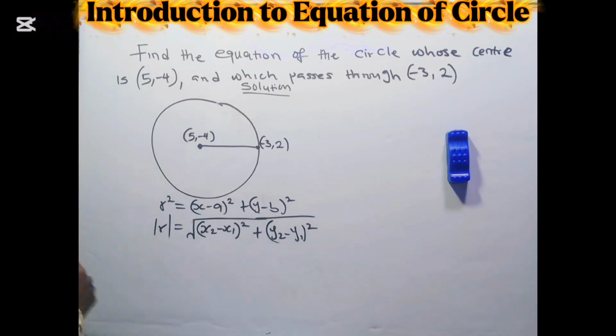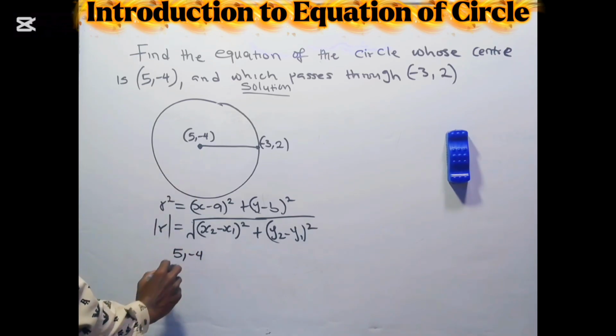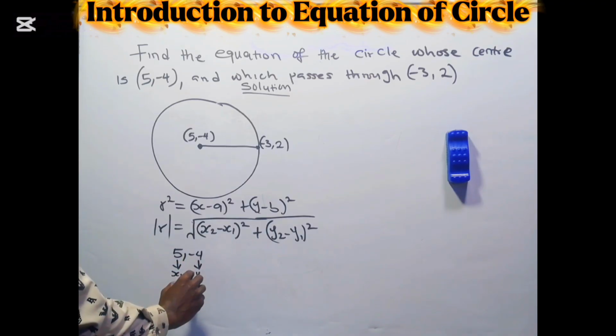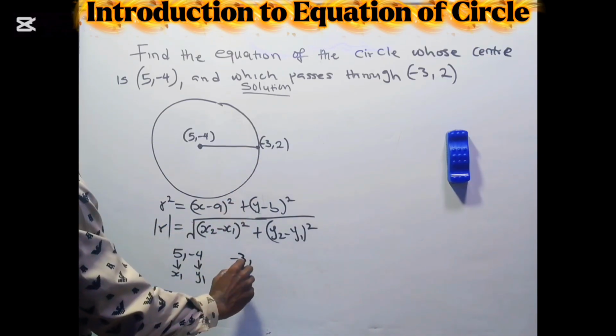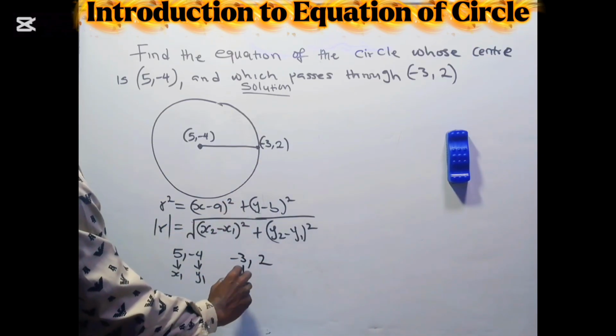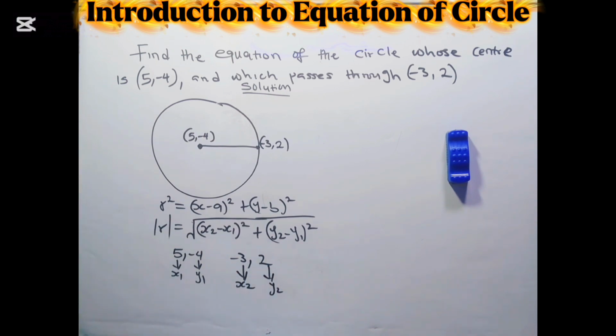That's our distance r. Now, note that since we have (5, minus 4), here is our x1, this is our y1. Also, the second point is (minus 3, 2), so here is our x2 and this is our y2.